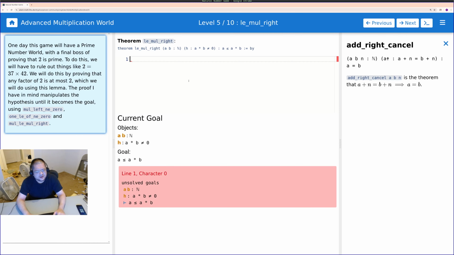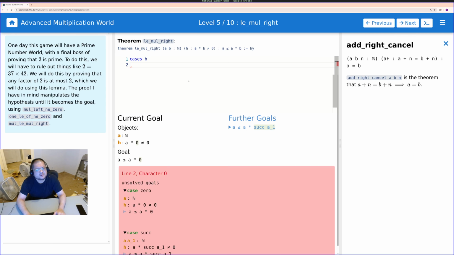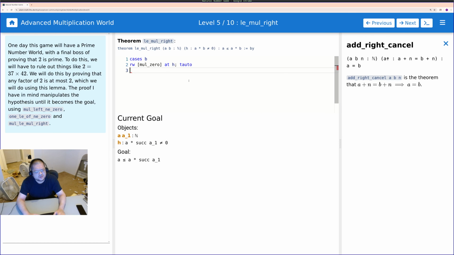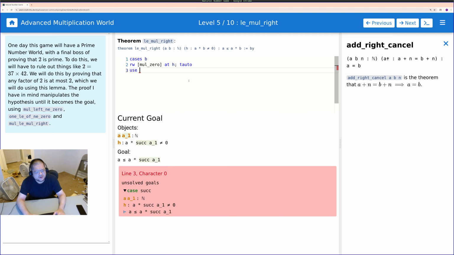A less than equal to A times B. Let's just break apart B. So rewrite mul 0 at H, tautologically true. Here we're going to use, this is A times A1 plus 1, so we use A times A1.